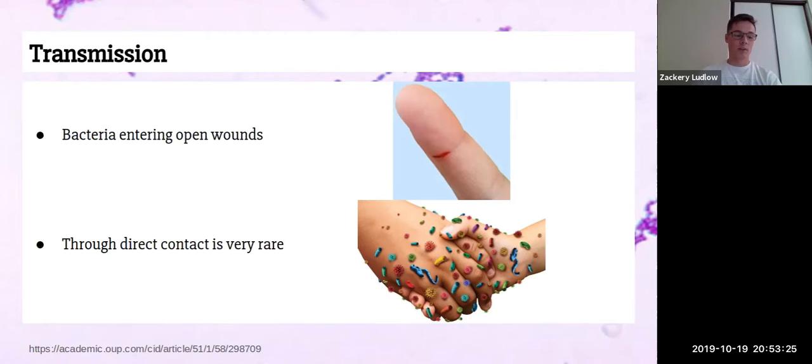So if wounds are not cared for properly, these bacteria can infect sites of injury, and necrotizing fasciitis can occur and progress. Transmission of disease from one person who has necrotizing fasciitis to someone else through direct contact is possible. However, it is very rare unless the uninfected person has an open wound or many open wounds, such as chickenpox.